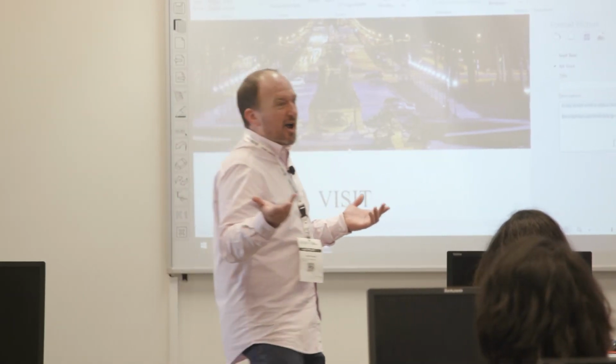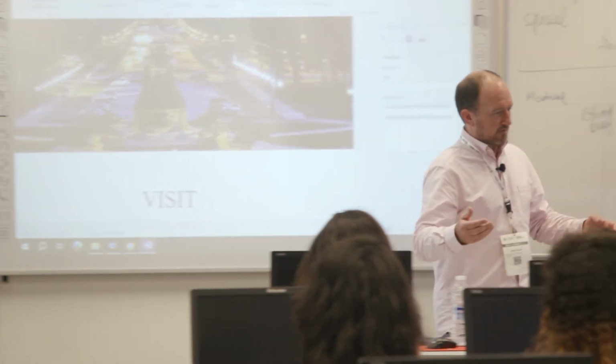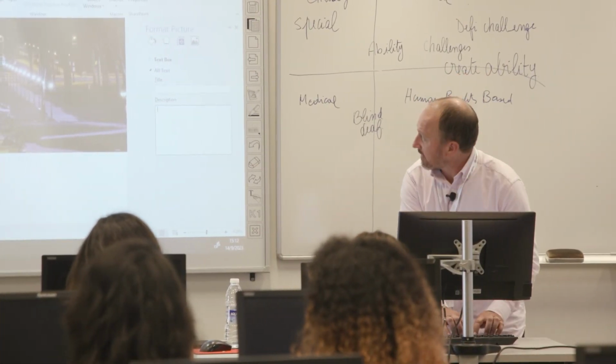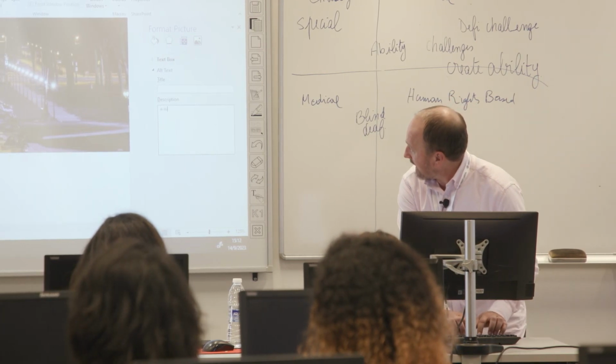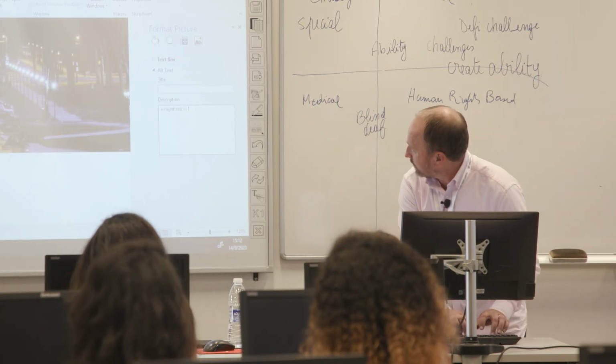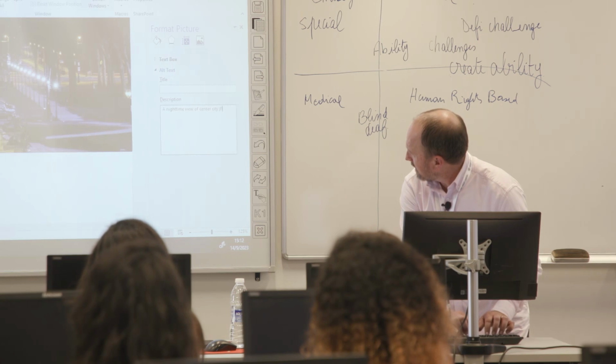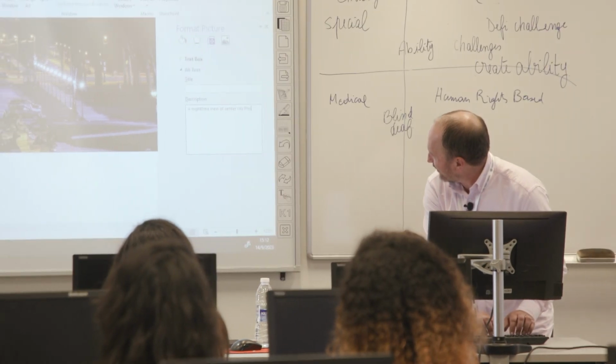But if my job is to make this document accessible, I kind of have to write the alternate text. So what I might do here is say a nighttime view of Center City. Sorry, I'm trying to type with my head turned like this.